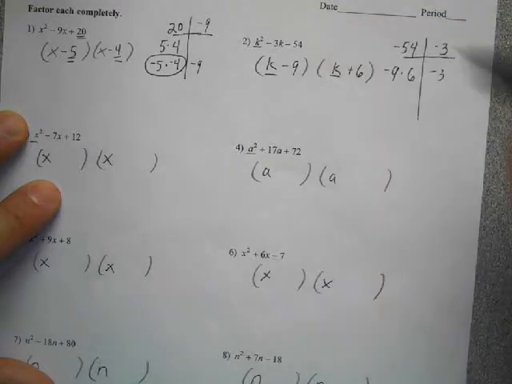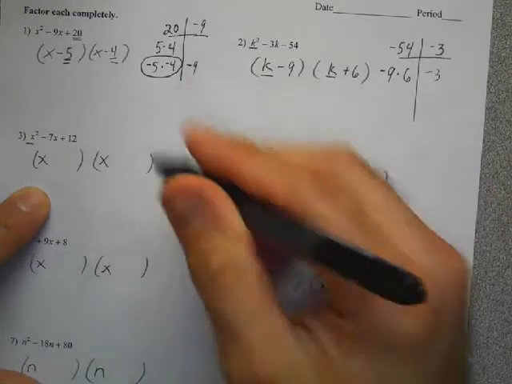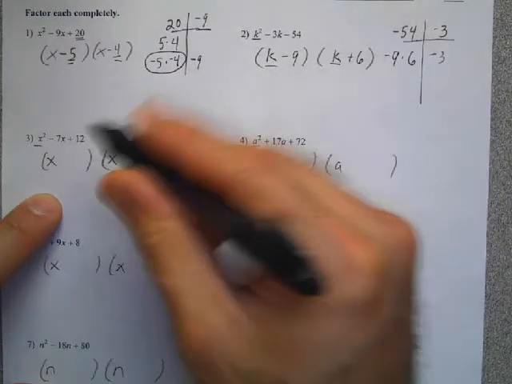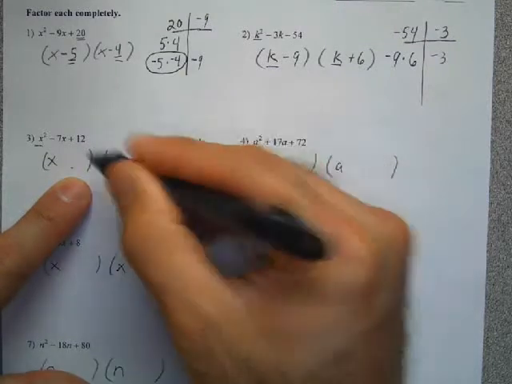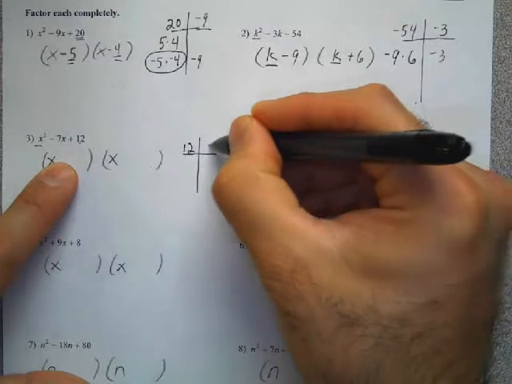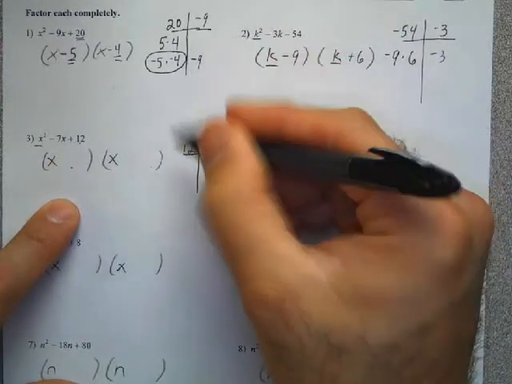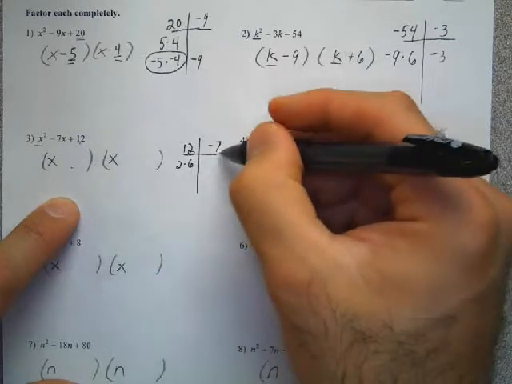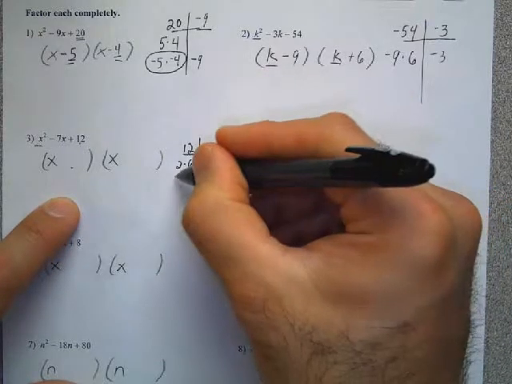In number 3, again, we already have our first step done. I have to think the last 2 spots come from the last term. So what times what is 12, but adds up to be negative 7? Well, I know that 2 times 6 is 12, but that doesn't add up to be negative 7. And I know that negative 2 times negative 6 is 12, but that adds up to negative 8. That's not going to work.